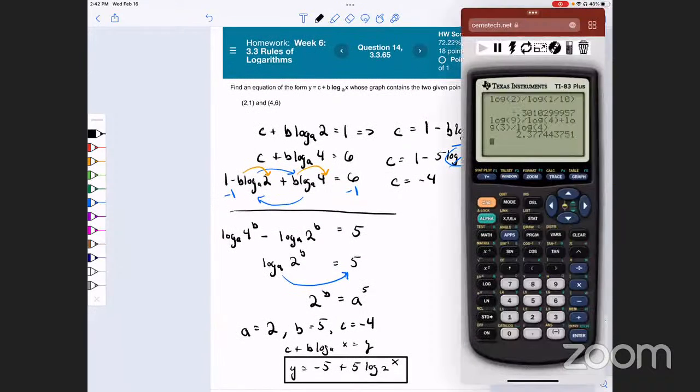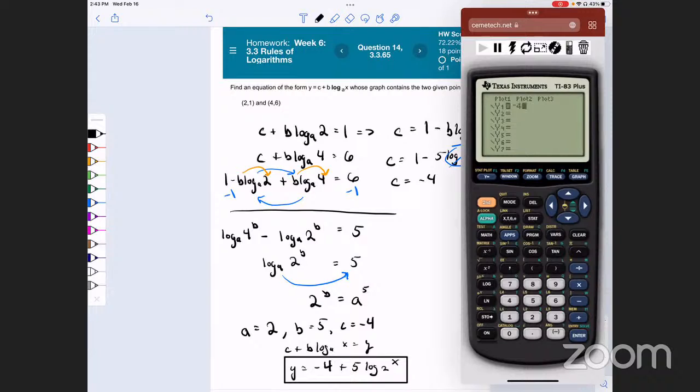Okay. So what I'm going to do is go to my y equals, and I'm going to type in the model that we just found, negative 5. Oops. C is negative 4. See, I told you I'm sleeping. Let me make that change. Negative 4 plus 5 log base 2 of X, okay?